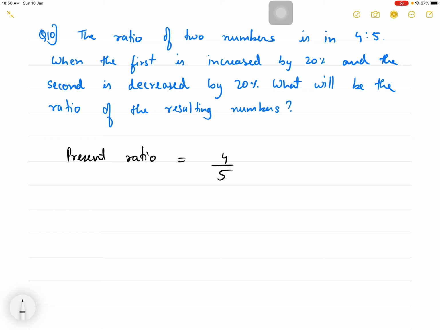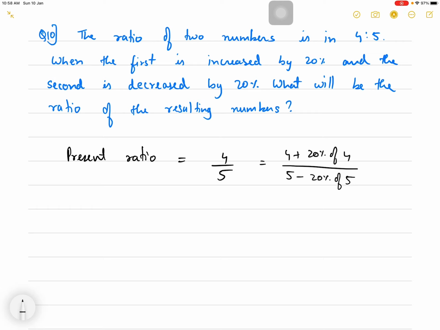If first number is increased by 20%, so 4 plus 20% of 4 upon 5 minus 20% of 5.